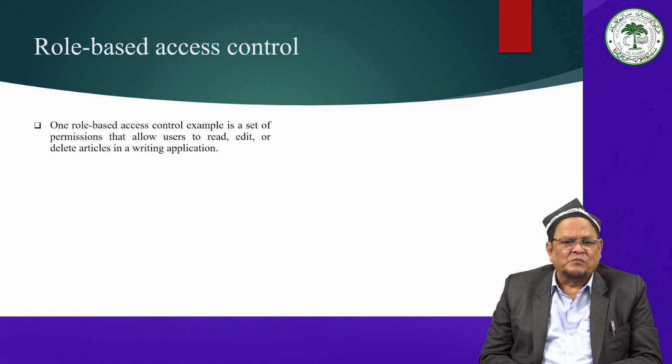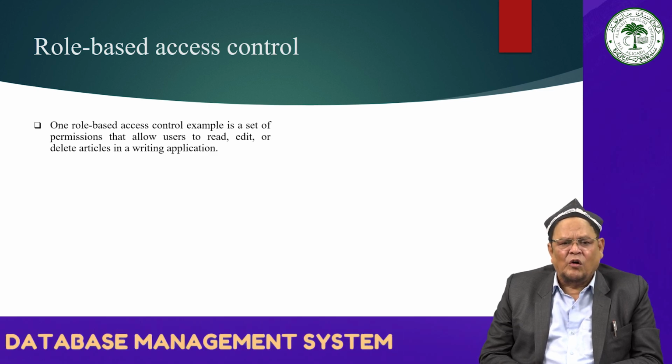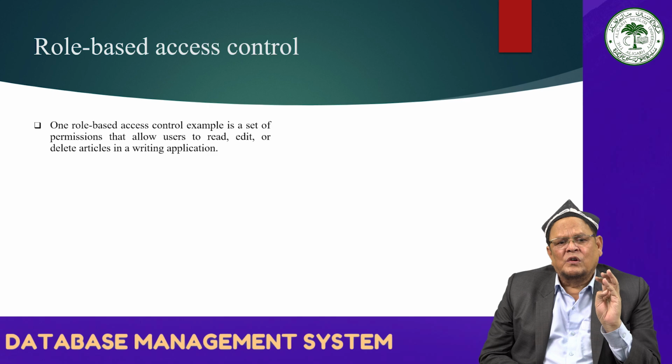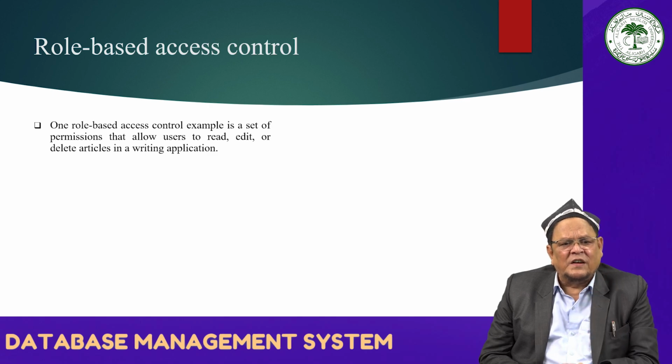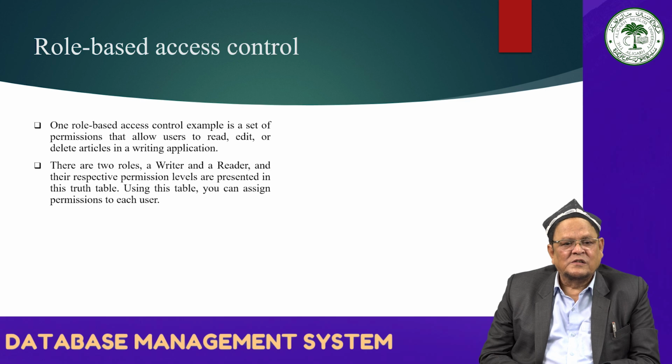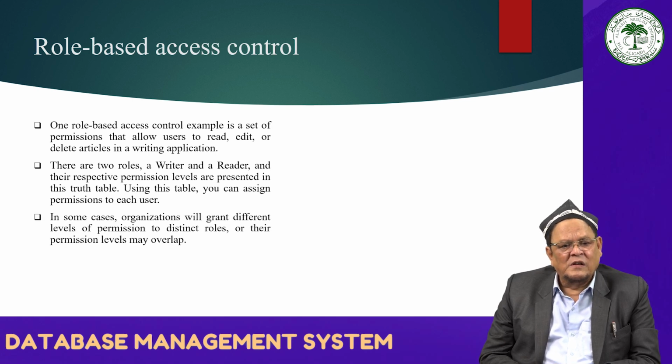One role-based control system example is a set of permissions that allow users to read, edit, and delete articles in a writing application. This is one example I am taking. There are two roles, the writer and the reader. Their respective permissions are granted in the truth table.